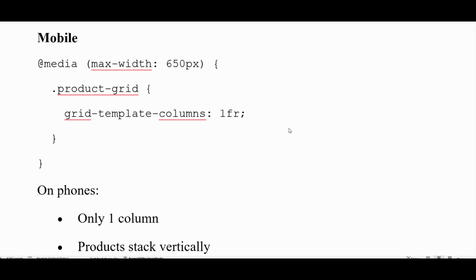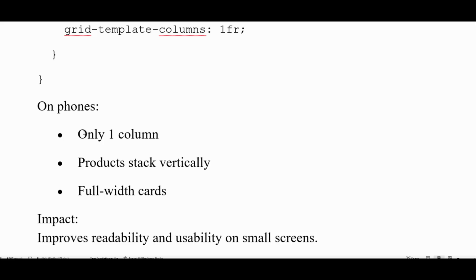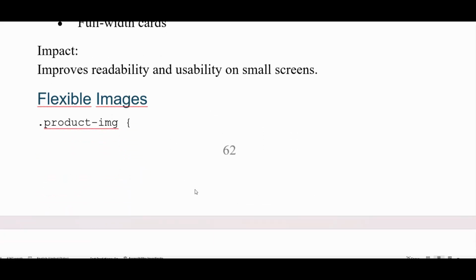It means the complete screen would be one fraction, 1 article in a row, and all articles would be in 1 column on the mobile. Only 1 column, products stack vertically, full-width cards. Impact: improves readability and usability on small screens.